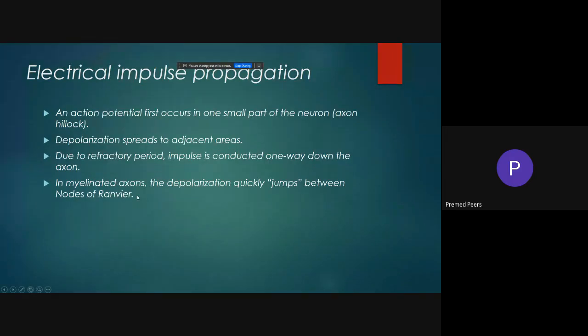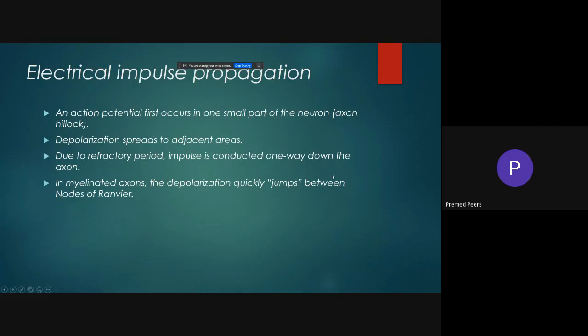Now, in myelinated axons, the point of the myelin is a lipid, so it prevents ion movement. It's hydrophobic. So in a myelinated axon, if you were able to zoom in and see the charge moving in this wave-like pattern, it doesn't move through the myelin.